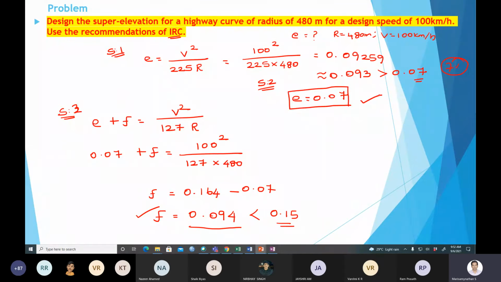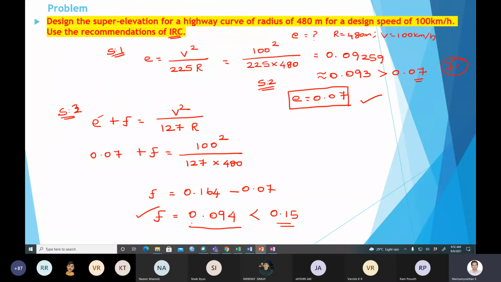Since we finalized the maximum super elevation value, we should check the value of the coefficient of lateral friction. So for lateral friction, the equation is E plus F is equal to V squared divided by 127 into R. You apply the E value as 0.07, V as 100, R as 480.